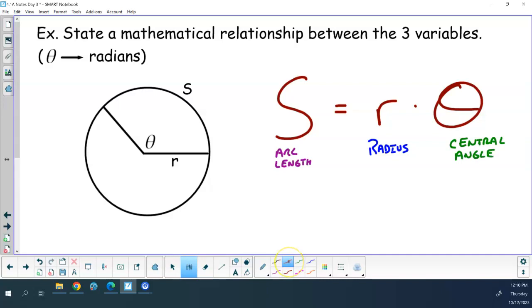There is one caveat, condition, if you will, to this particular formula, and that is that our theta, our central angle, must be in radians.